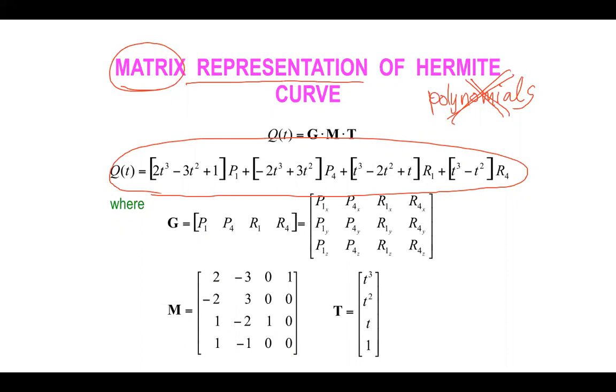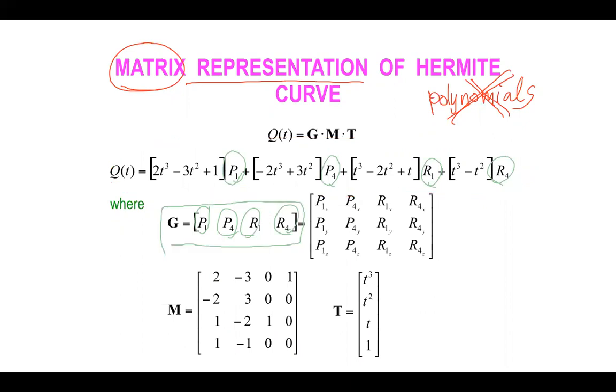So it's very easy to make it the matrix form. Why? We will put P1, P4, R1 and R4 into the first matrix. So it's very easy, right?